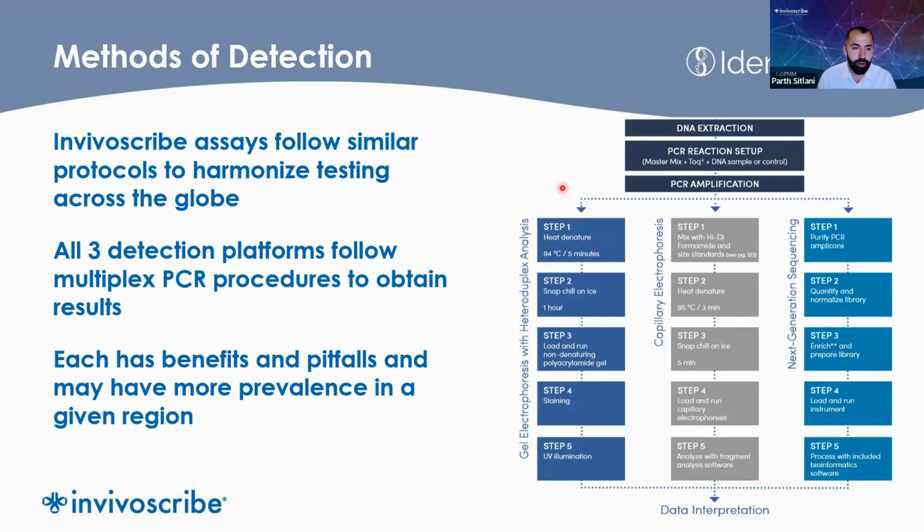So here's heteroduplex analysis, here's capillary electrophoresis, and here is next-generation sequencing. Now, each of those methodologies has its benefits and its pitfalls, and we'll discuss those depending on where your lab is located, what you have access to, and what the needs of the hematologist are.